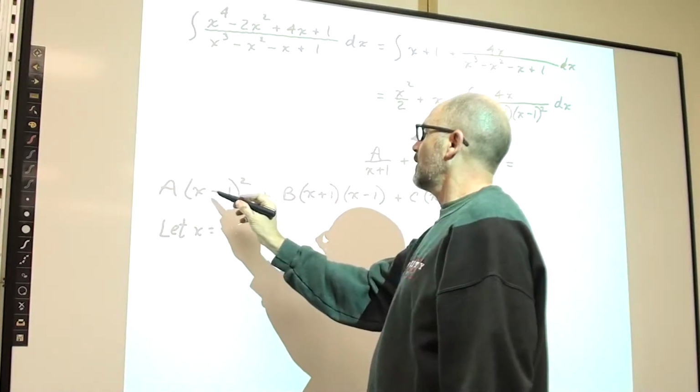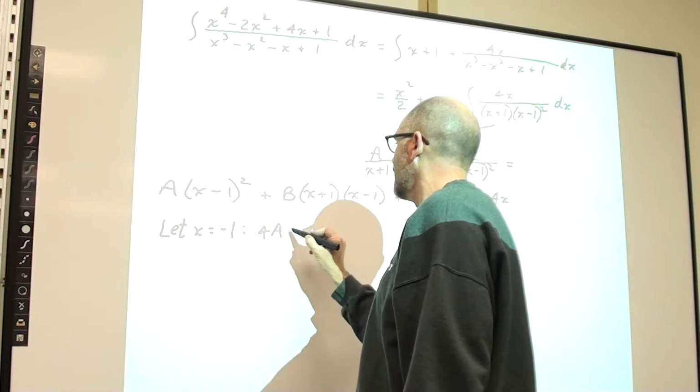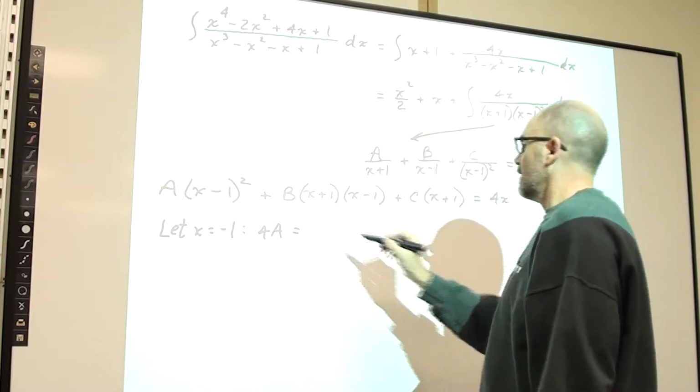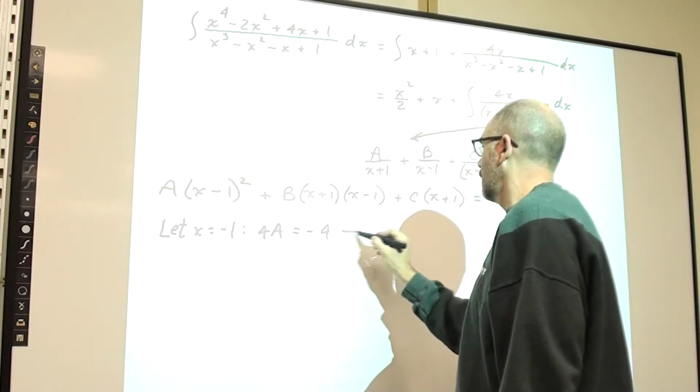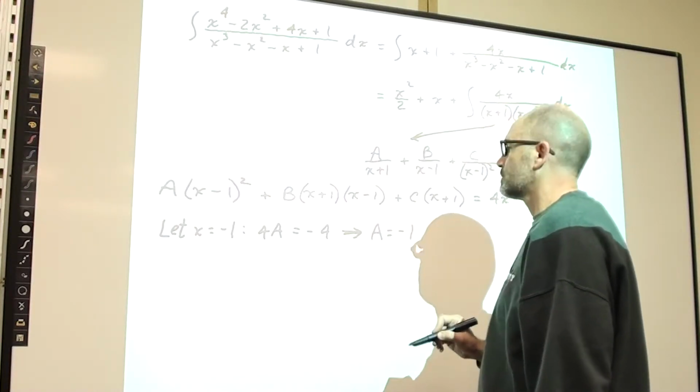So in that case, we've got -1 minus 1 is -2 squared, which is 4. A equals -4. So A equals -1.